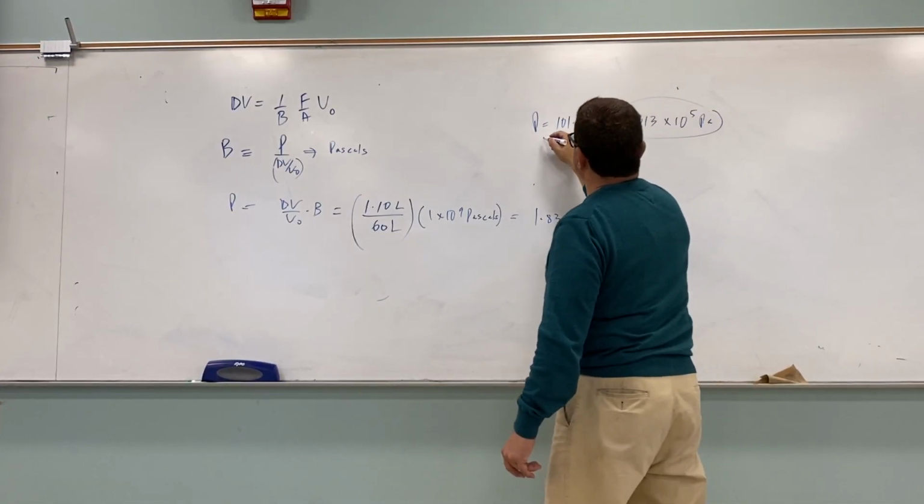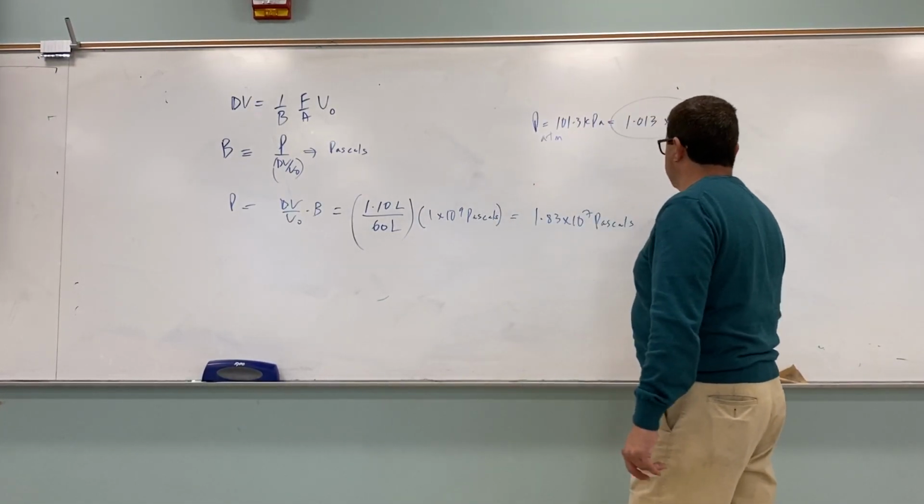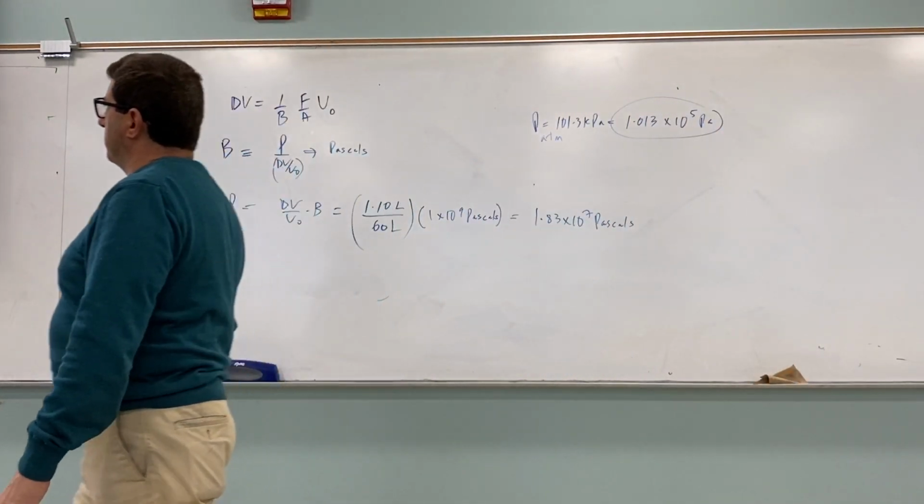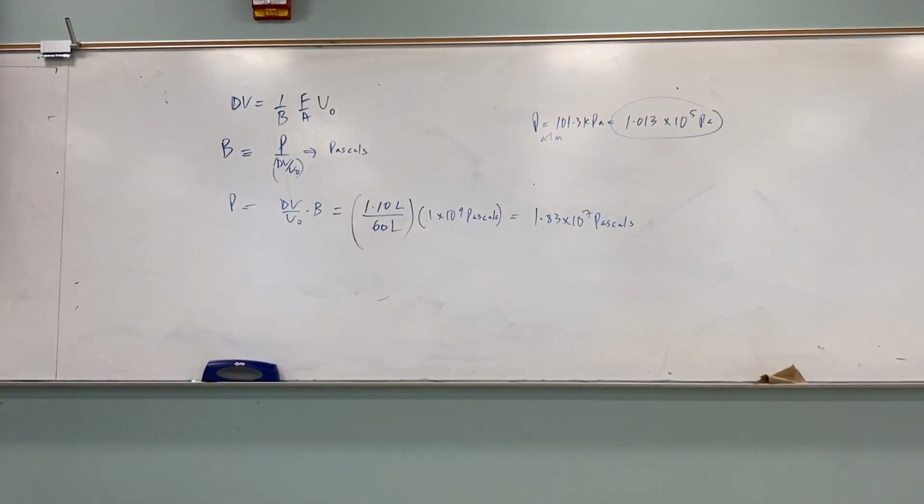This is atmospheric pressure. This is 100 times atmospheric pressure. Wow. That's crazy. So this pressure is about 2,500 pounds per square inch, much more than a gasoline tank can handle. Whoa.